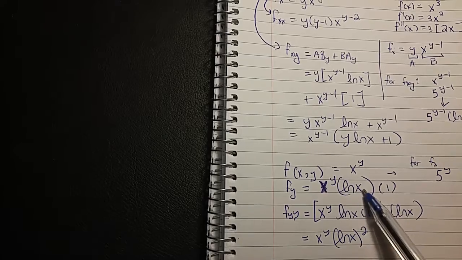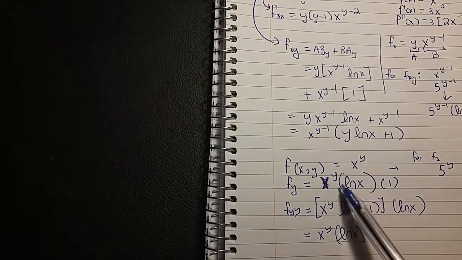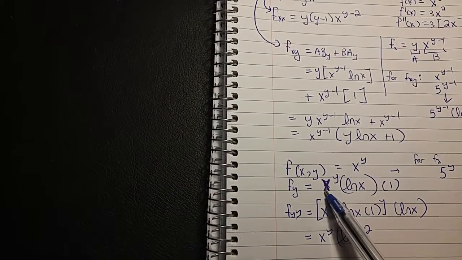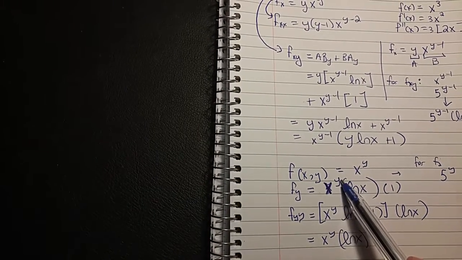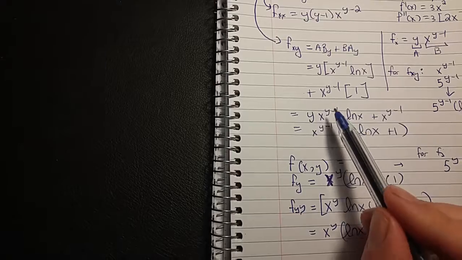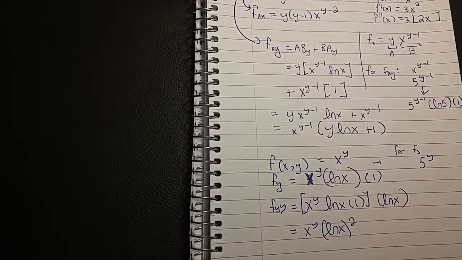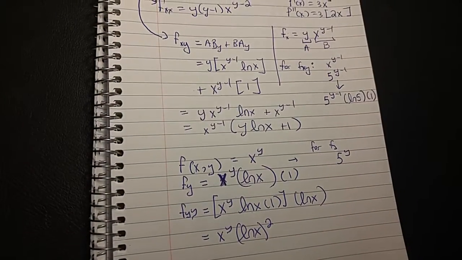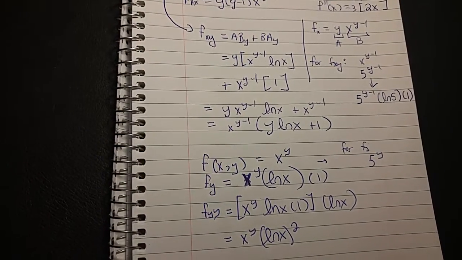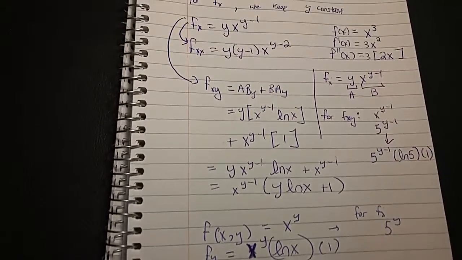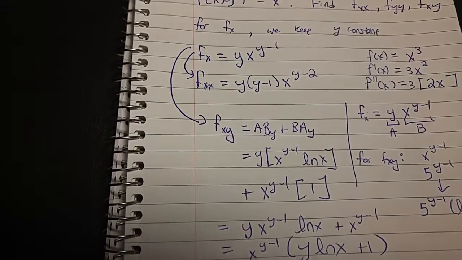And then the other part of the product rule, ln of x multiplied by the derivative of x to the y with respect to x. So the y would come down, and we would have x to the power of y minus 1 multiplied by ln of x, and that's that term. So both methods will result in the same outcome. Just another way of saying that fxy is always fyx. The mixed partials calculated in either order will always be the same.